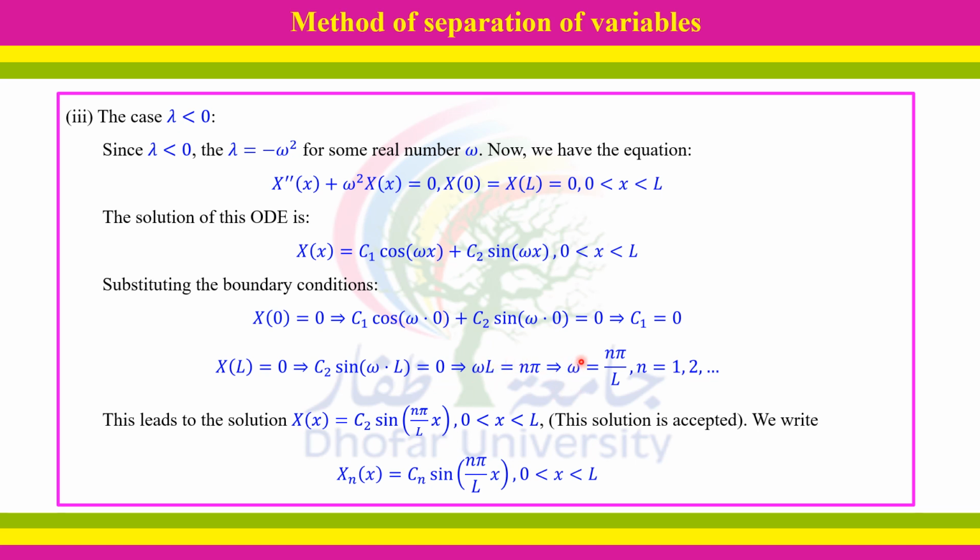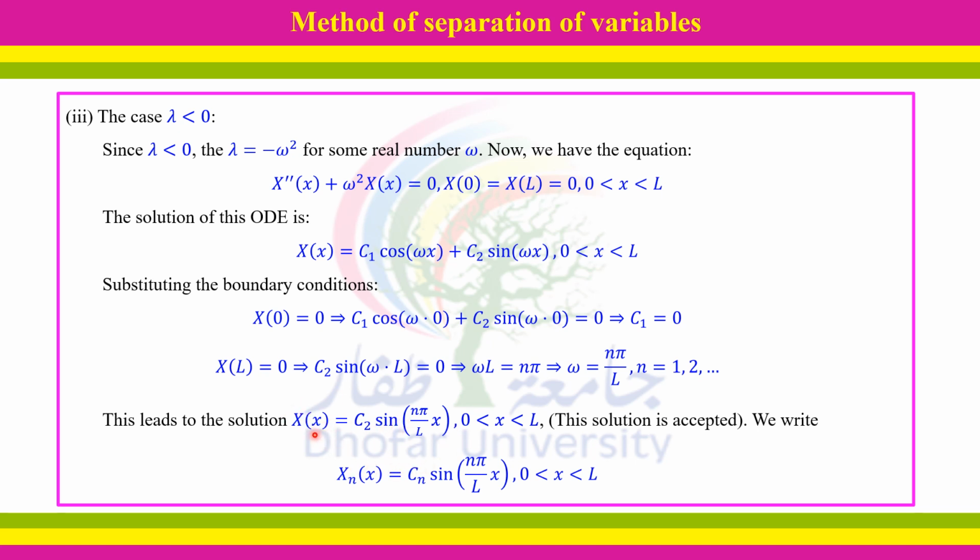And from this, we know that omega is n pi over L, by dividing the two sides by L. We obtain omega equals n pi over L for n equals 1, 2, and so on. Now our solution X of x will be c2 sine n pi over L x for x in 0 and L. And yes, we actually accept this solution.